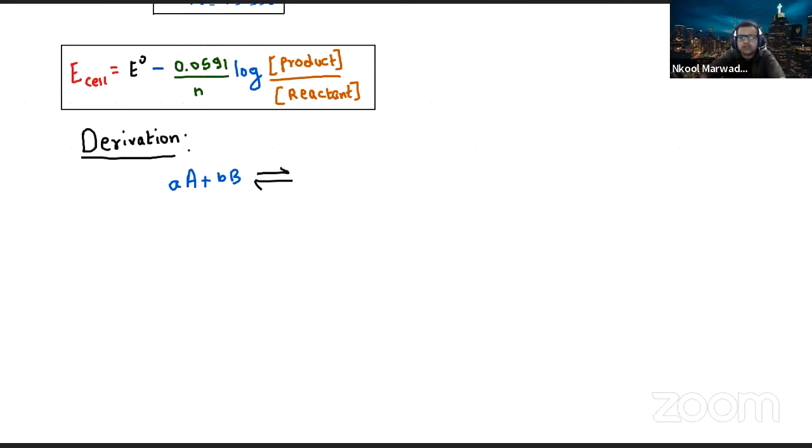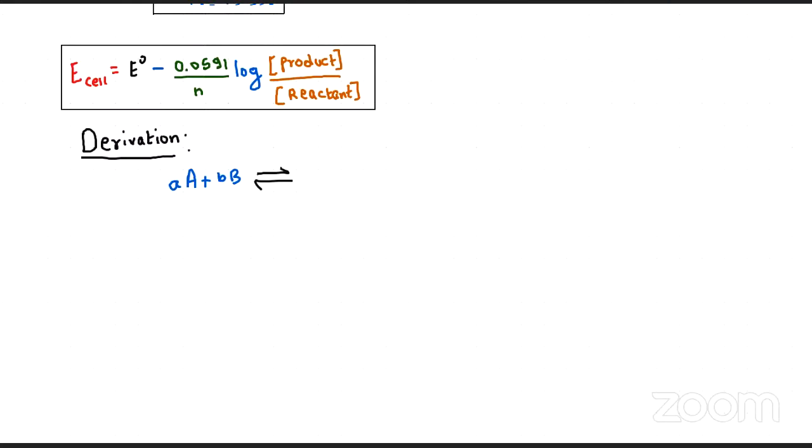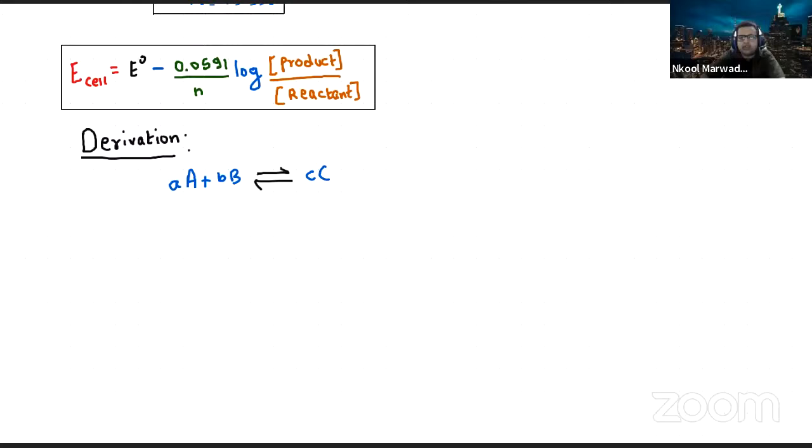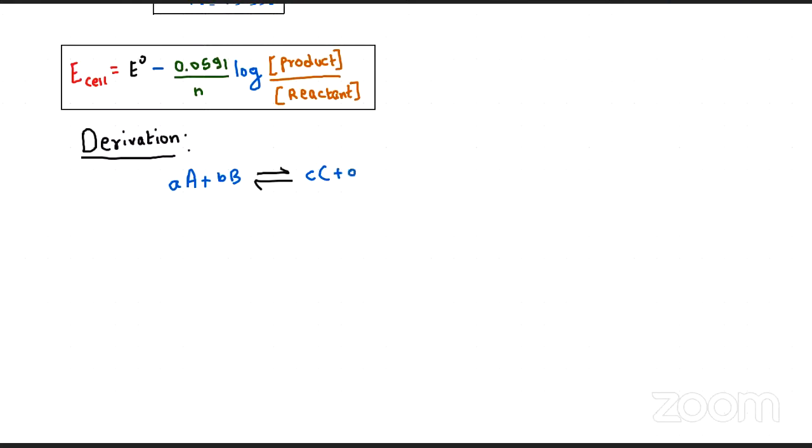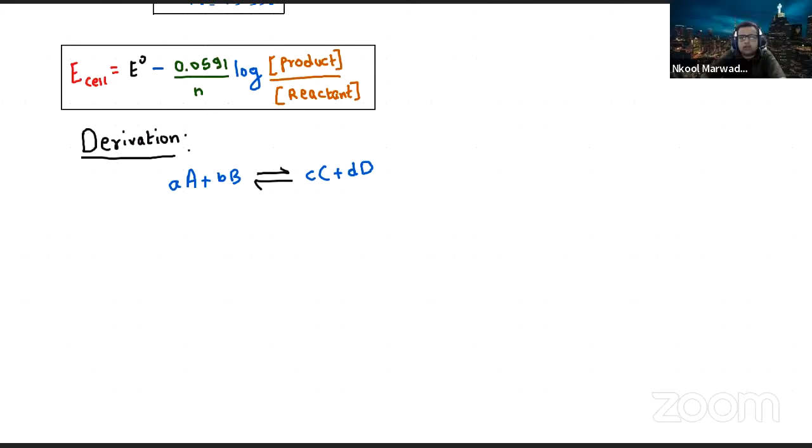Both sides are operating, so a state of equilibrium will be achieved. And let us suppose this is a redox reaction, meaning that both oxidation and reduction will be taking place in this reaction.